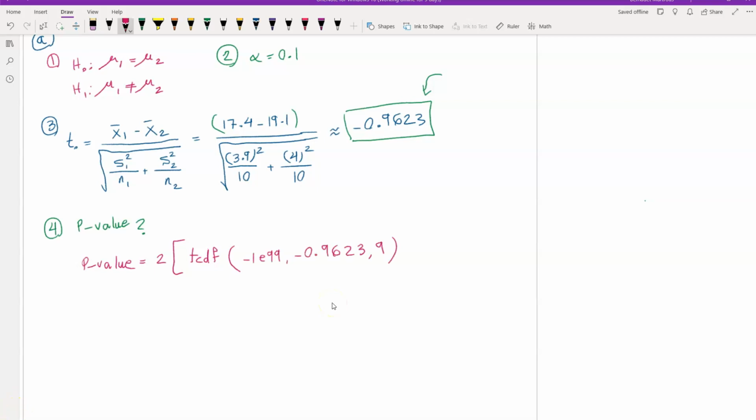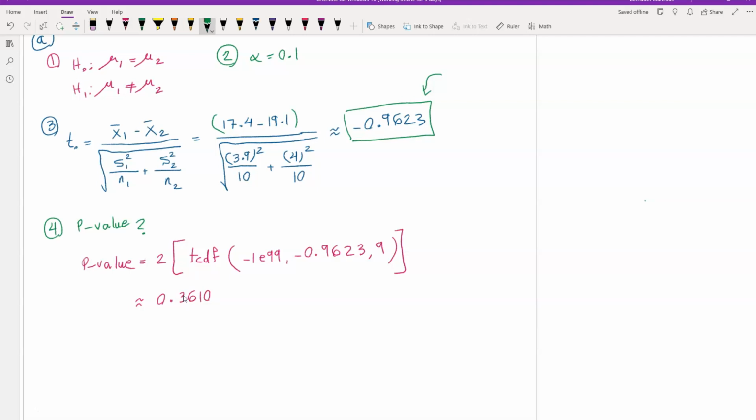Instead of negative infinity, you can enter negative 9,999. It should be a very large or very small number. So in this case, we have a very small number. So using the TI-83/84, finding TCDF, and then multiplying by 2, rounding to 4 decimal places, the answer is 0.3610.